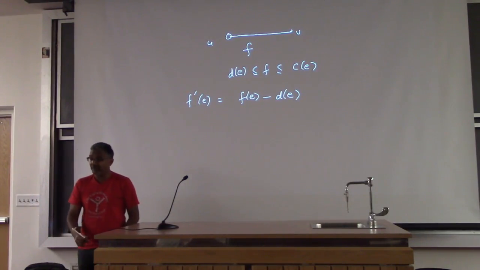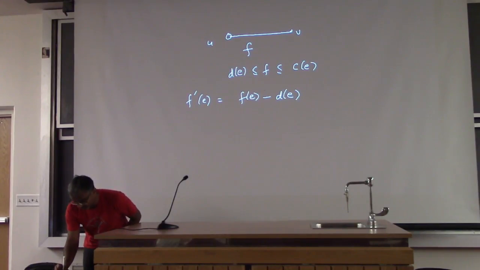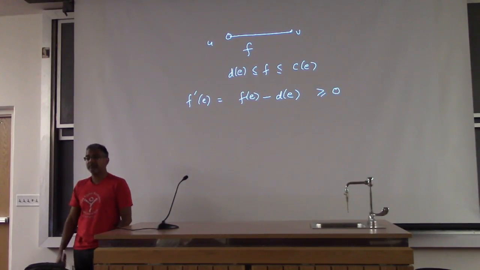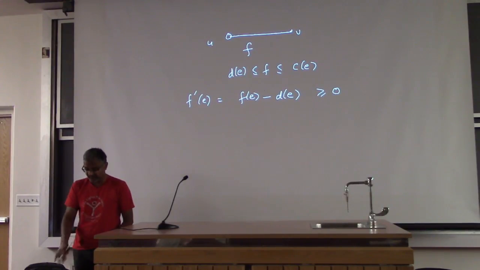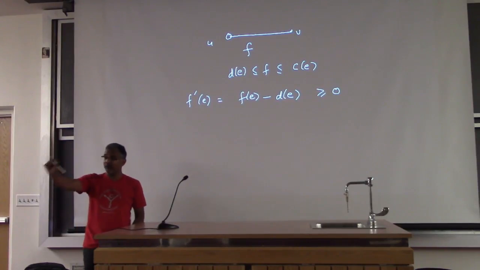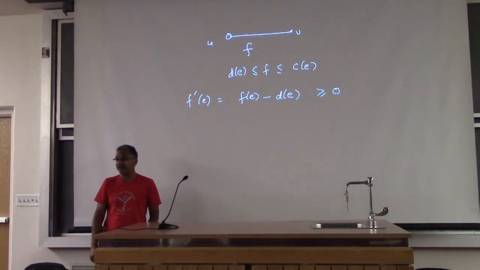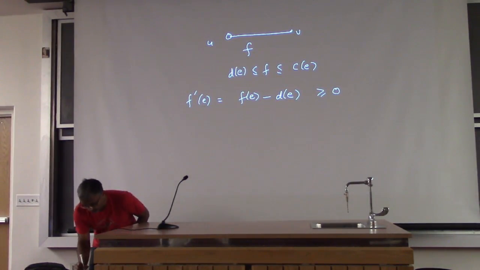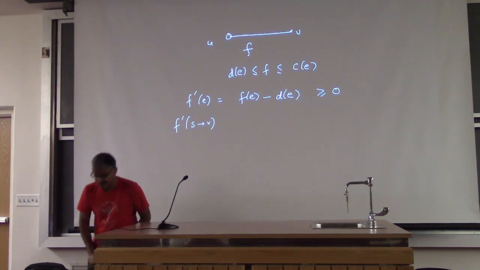Because we know that the flow is feasible, this is greater than or equal to 0. Let's say this is the flow we're going to put on this edge in the new graph. So what should the flow be now on any edge from S to V?